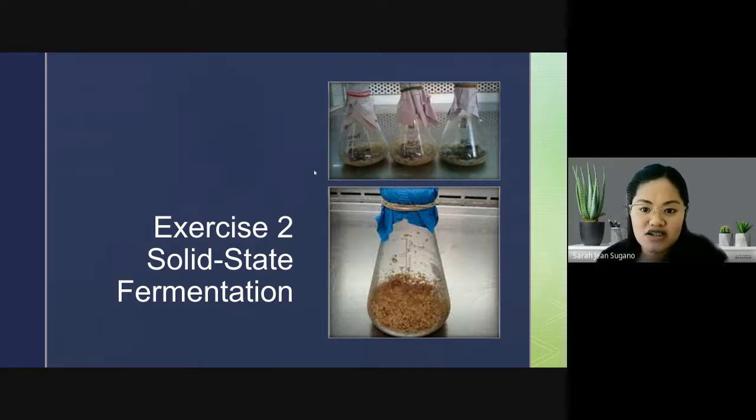There are solid substrates inside, and it is covered with cotton plugs, and of course they have to cover it with papers and then seal it with a rubber band so that there will be no other contaminants that might grow inside the flask. And there are microorganisms that are inoculated in that flask.